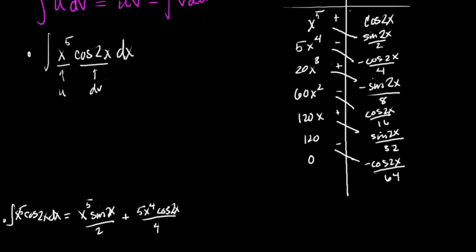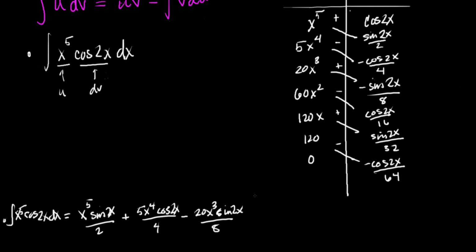Okay, what's our next sign? It's positive, but it's going to be positive 20x cubed times negative sine of 2x over 8, so that ends up being negative. So this is going to be 20x cubed times sine of 2x over 8.